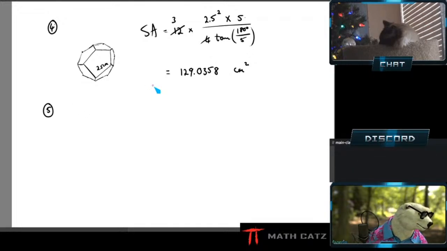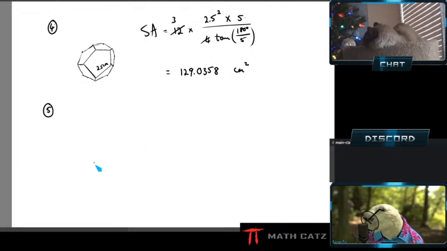Hexagonal prism, side length 1.5. So I need to draw a little flat hexagon here. Maybe like that. Maybe not. No. Back it up, try again.